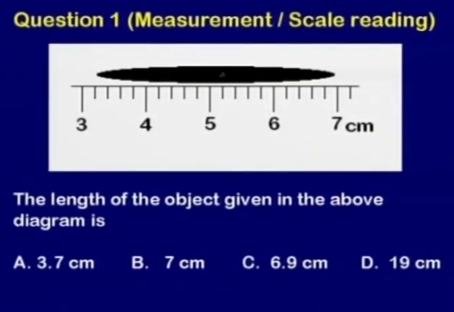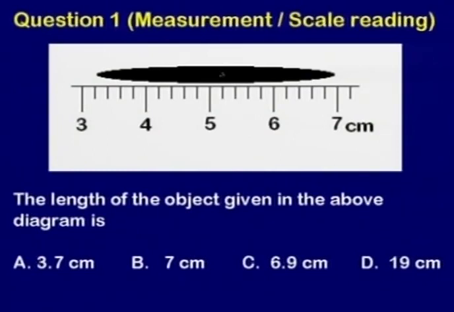All right, we will go through. First of all, in this question, we are trying to measure and at the same time trying to understand the reading of the scales. All right, we have the scale here. We will first of all understand this. We know that this is 3 centimeter, 4 centimeter, 5, 6, and 7 centimeter. But we have some scales in between there, the divisions.